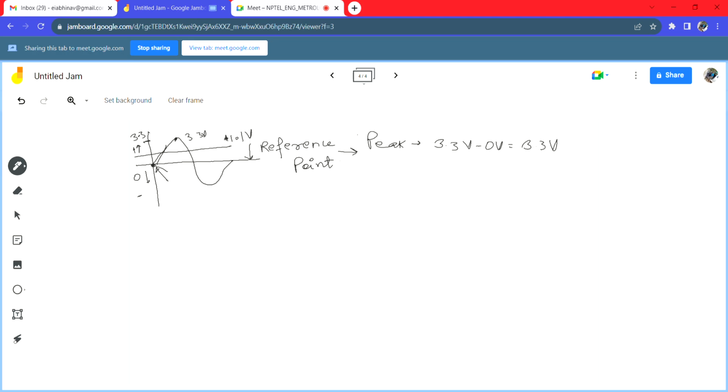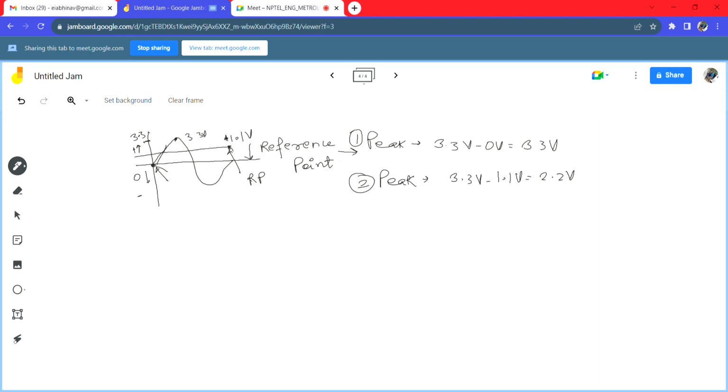So in the first case, when we were taking the reference point to be 0, the answer was 3.3 volt. But now if we say in the second case my reference point is this, the value of the peak will reduce down to 3.3 volt minus 1.1 volt, that is equal to 2.2 volts.